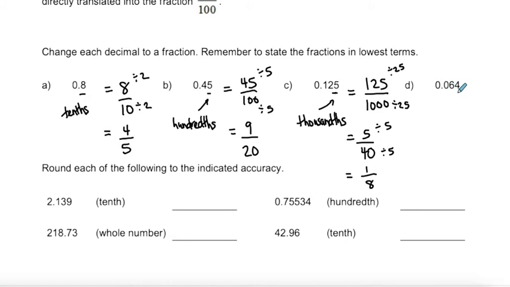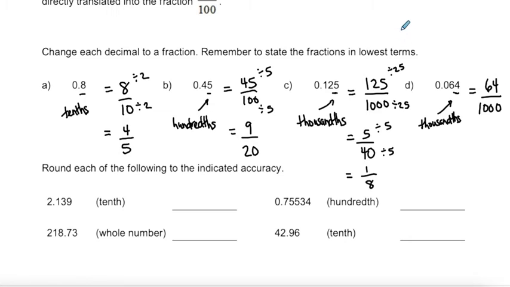And the last one, what place value is my 4 in? That is also in the thousandths position. So this becomes 64 over 1,000. And again, I want to put this into lowest terms.